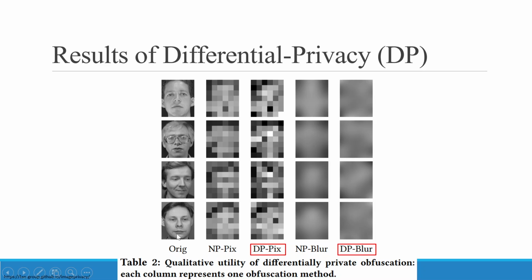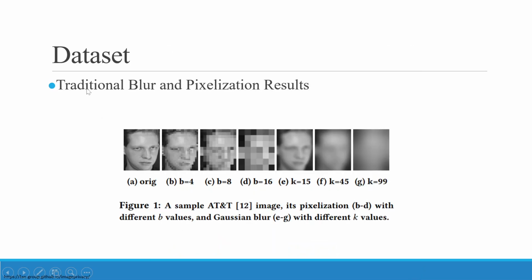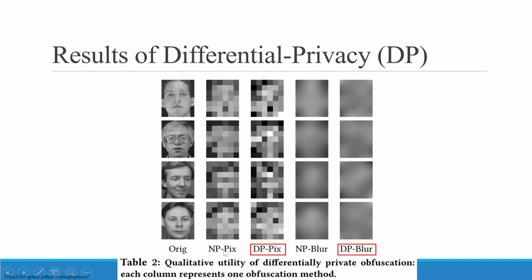We can see this row is the original face image, and NP pixelization means no differential privacy, and it is the traditional pixelization method. So you can see the face will become these results, just traditional pixelization results.